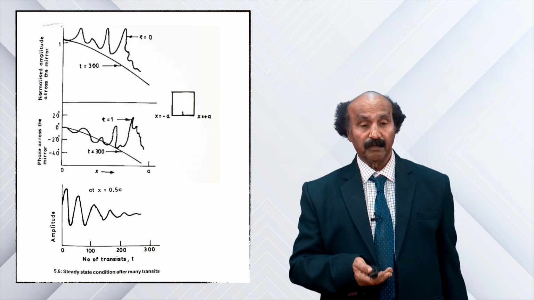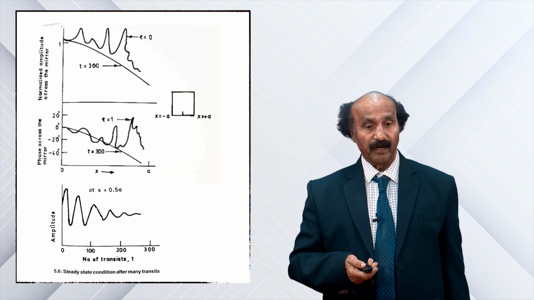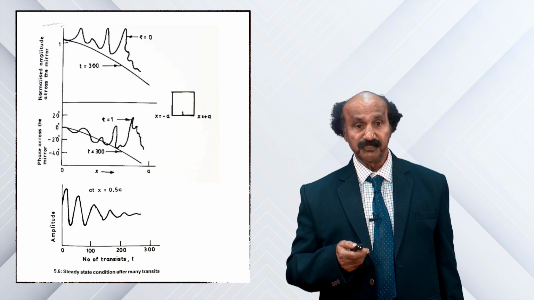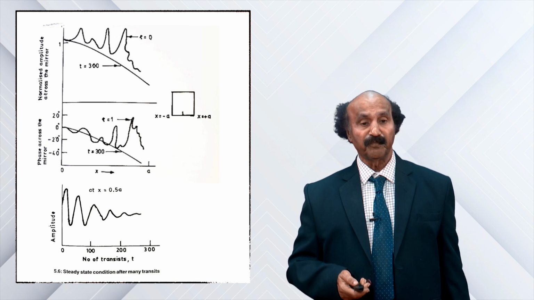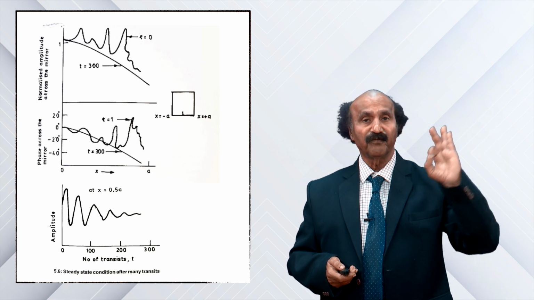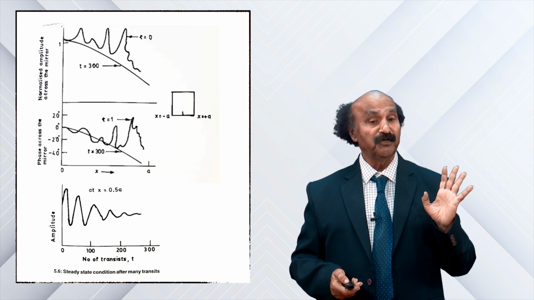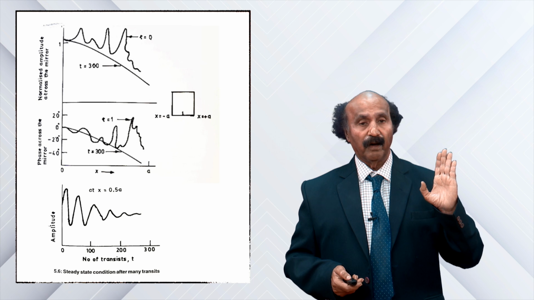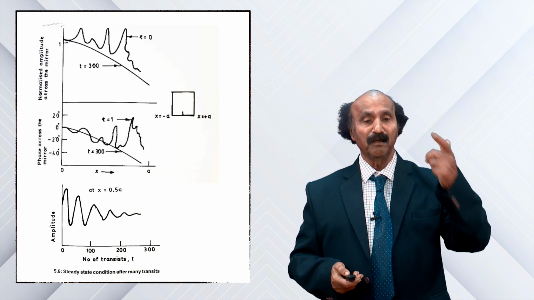You can see in the bottom picture, after 300 transits, the amplitude fluctuation changes. Initially the amplitude will be random, zigzag. After some time, you will have certain correlation between one point of the mirror and another point of the mirror. That means they become coherent after a sufficient number of iterations. That is what they call mixing of waves because of stimulated emission.